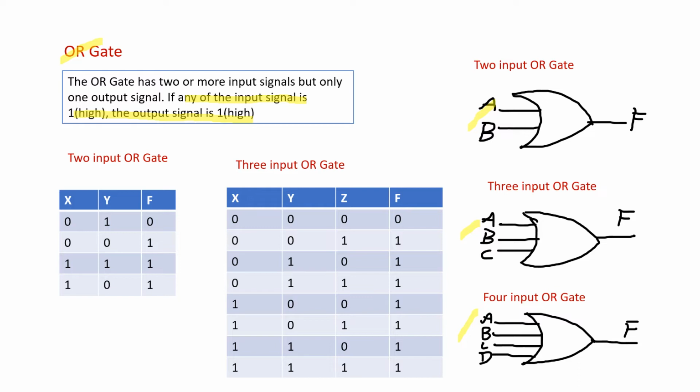So the minimum number of inputs it can take is 2. And we can also see the truth table for the 2 input OR gate and also the 3 input OR gate. And in this you can notice that even if one input is 1, the output is 1.